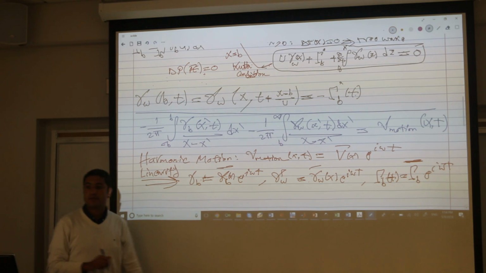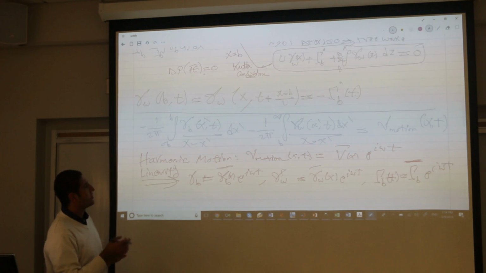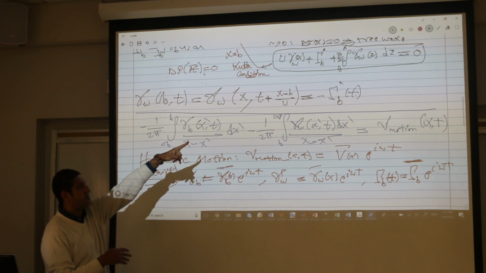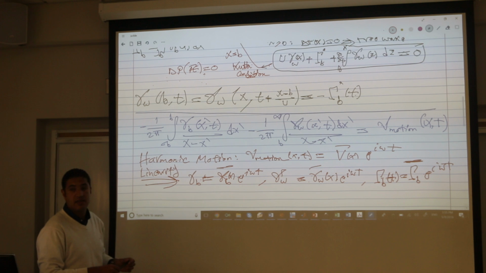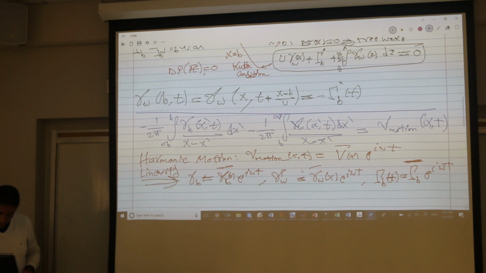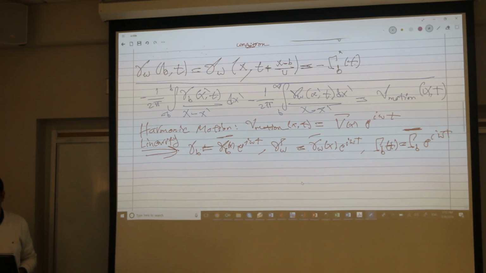Yes, Anshad? For gamma wake of z, are you saying that it's a function of both x and y? No, I'm sorry, I'm using x and z interchangeably, so z here is a dummy variable for integration. It's just the real axis. In reality, yes, it's a function of x and y, but you would not be able to get analytical results out of that.